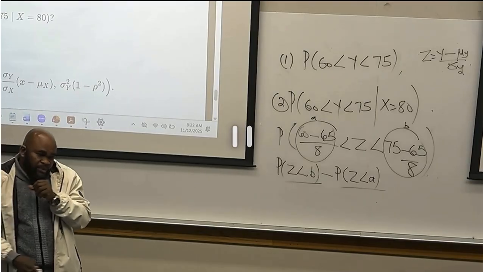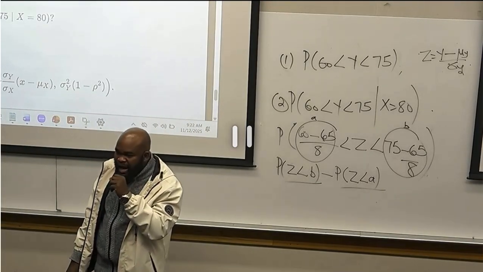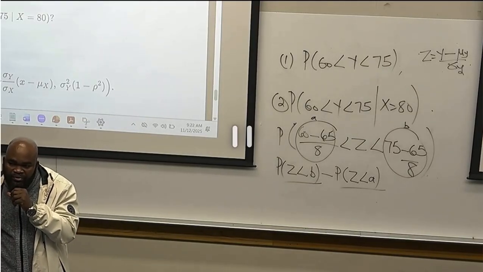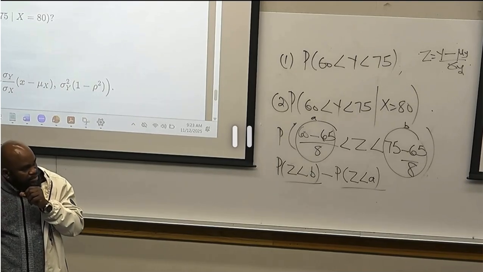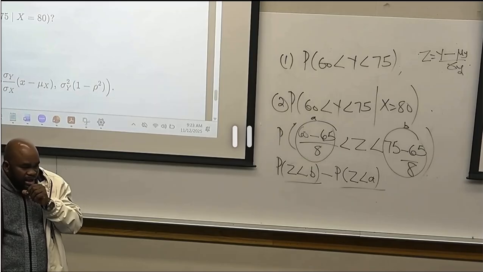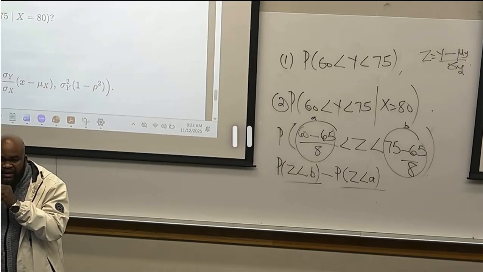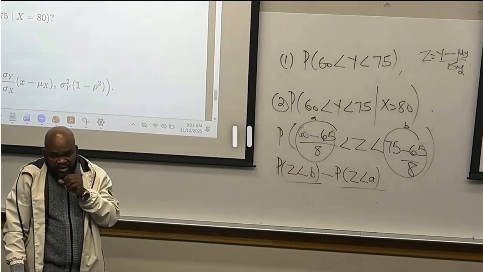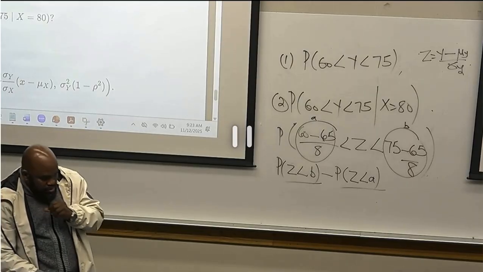You check the two from the table, you subtract, then you get your result. It's very easy to navigate probability involving the normal distribution, because as I told you the other time, normality facilitates standardization, and standardization facilitates the use of the Z-score.